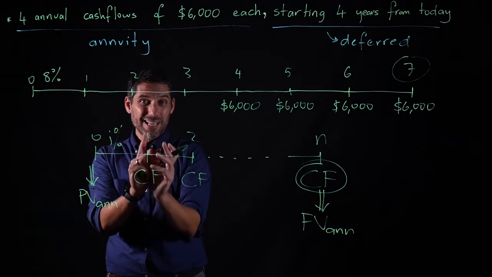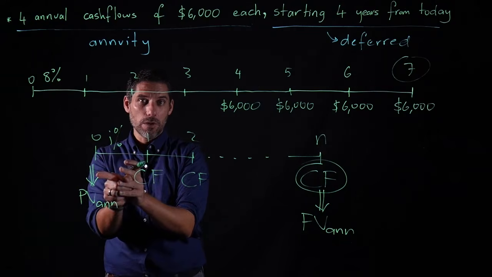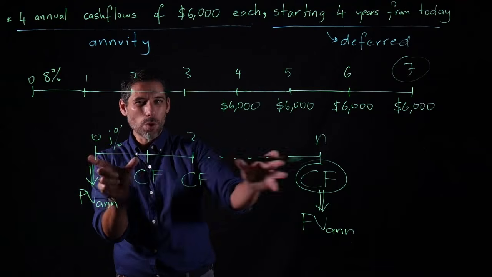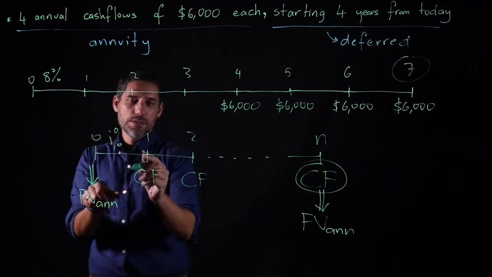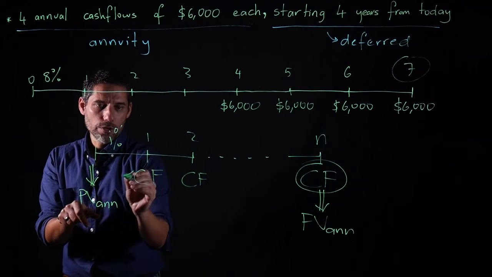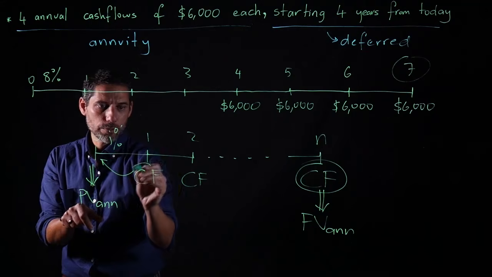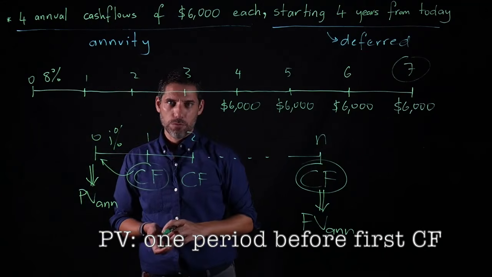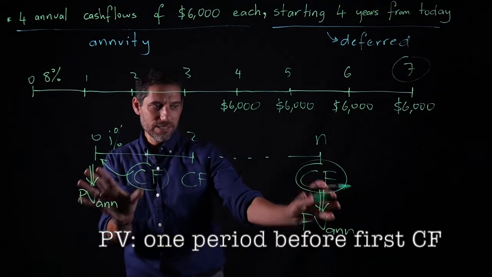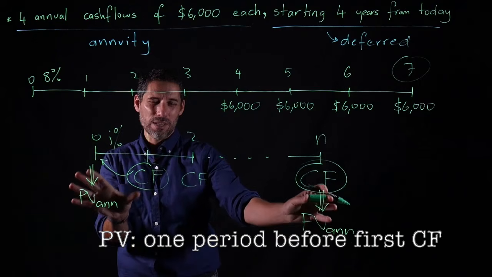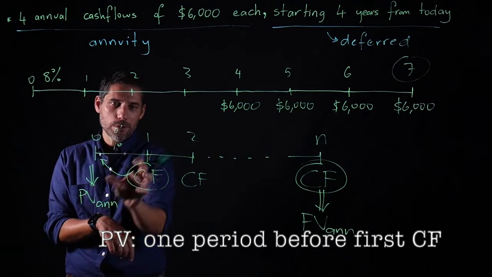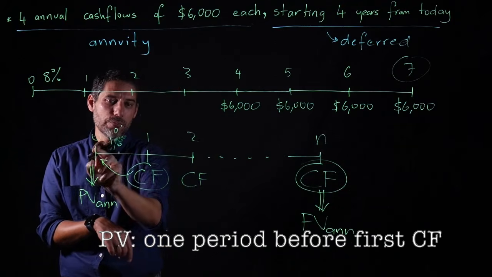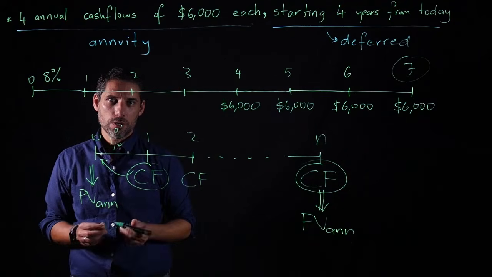Be careful, not necessarily as of year 0, at point 0 today. It works in this setup. But actually the rule is we get the discounted value as of exactly one period before the first cash flow. That's the setup, right? This is what our formulas are derived for, and that's what they give us. Future value as of last cash flow, present value as of one period before the first cash flow.